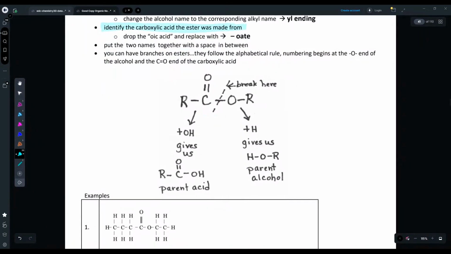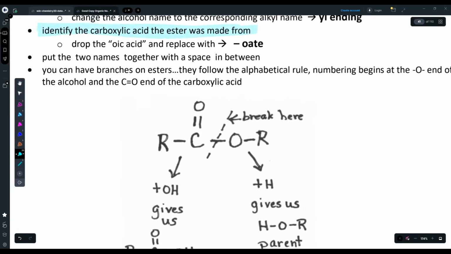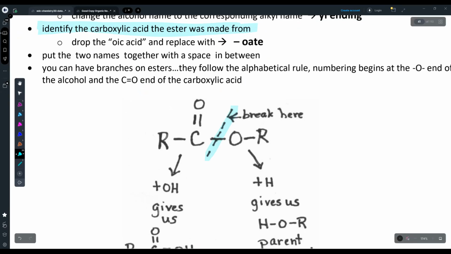What's important when you're looking at an ester is you have to figure out where to break the compound apart so you can figure out which part comes from the alcohol and which part comes from the carboxylic acid. You're going to want to create that break point in between the carbon single bonded to the oxygen.